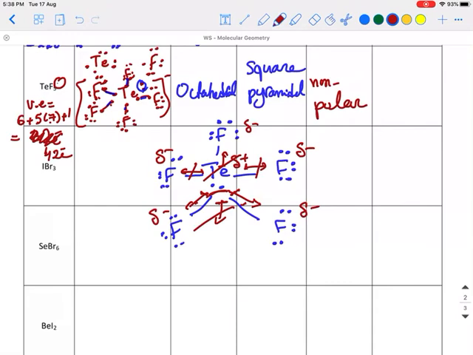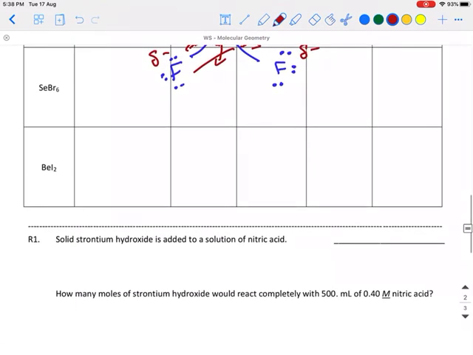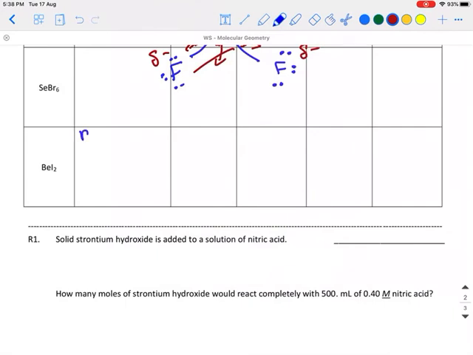Now, what about hybridization? Tellurium is surrounded by 6 electron clouds, 1, 2, 3, 4, 5, 6. So it has d2sp3 hybridization.